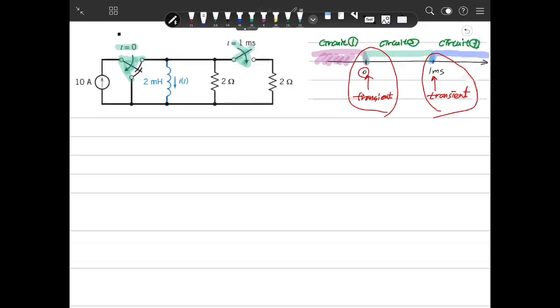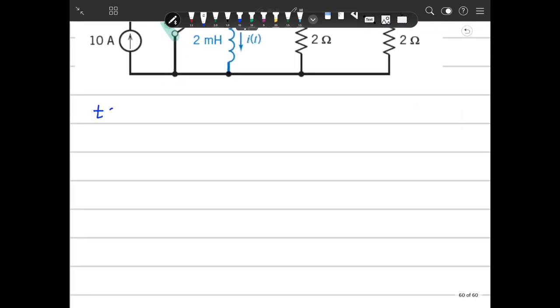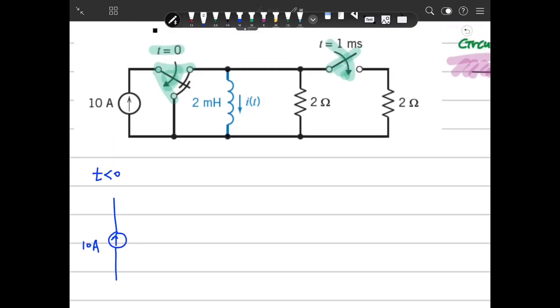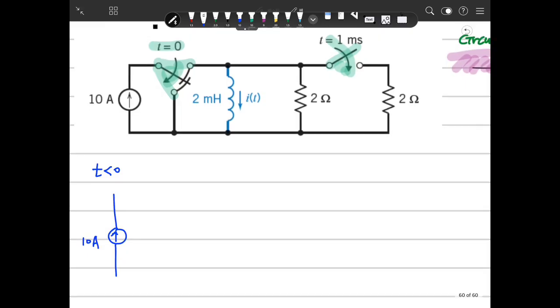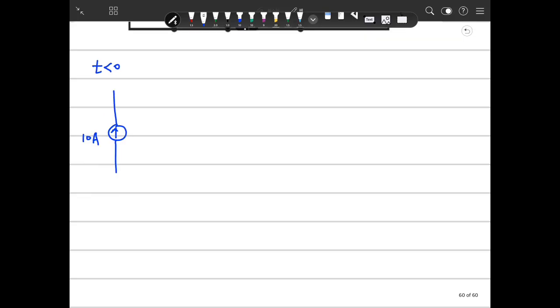When t is 0 minus, this circuit looks like this. There is a current source, 10 ampere, and because before t is 0 the switch is connected here, there will be an inductor here, and a 2 ohm resistor.